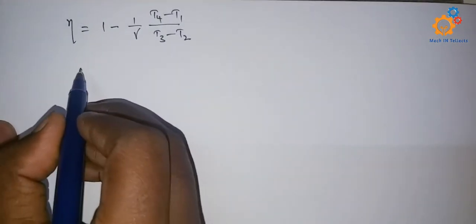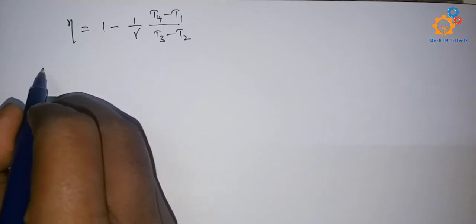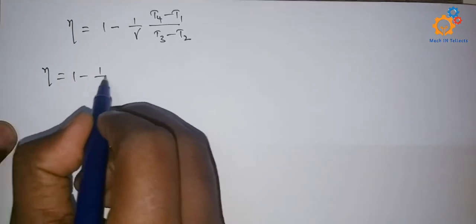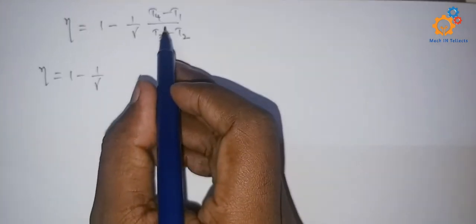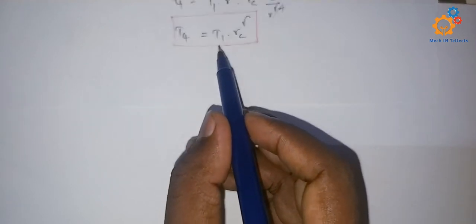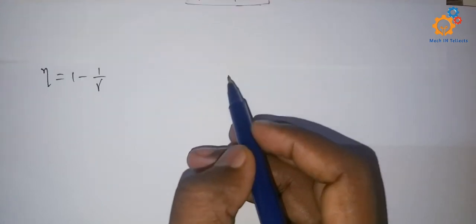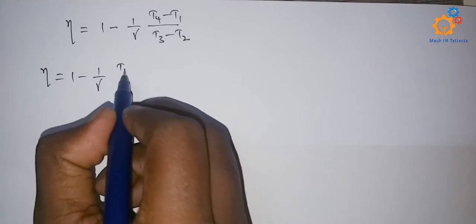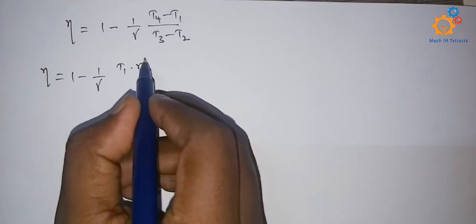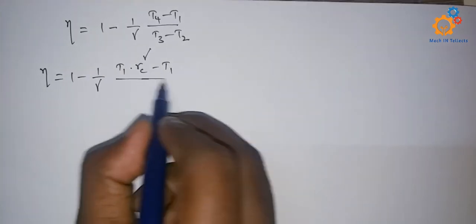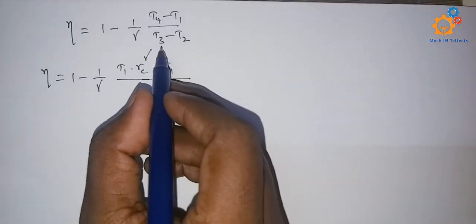Now I will substitute all the temperatures. Efficiency is equal to 1 minus 1 by gamma. What is T4? T4 is T1 into RC power gamma, minus T1, by T3.